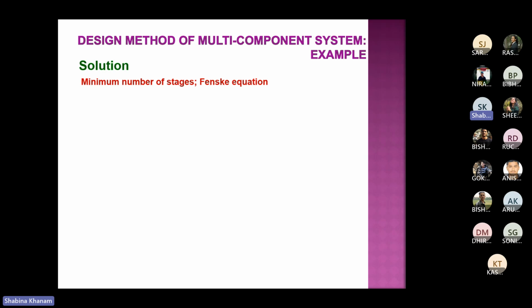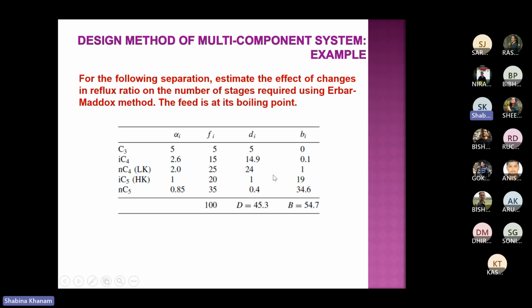So Fenske's equation we will consider over here to find out the minimum number of stages, and that is given to you. Okay, and for that Nm you need to identify x_lk and x_hk for distillate, which you can identify from here. It is not complicated.